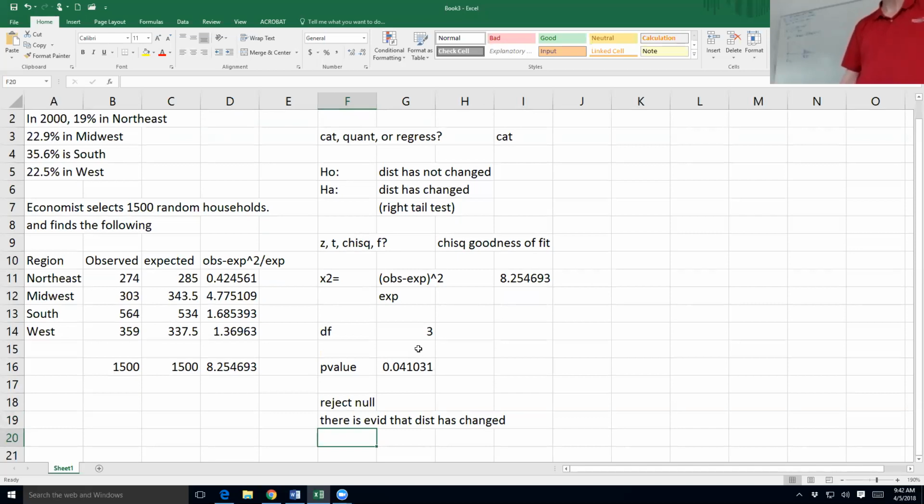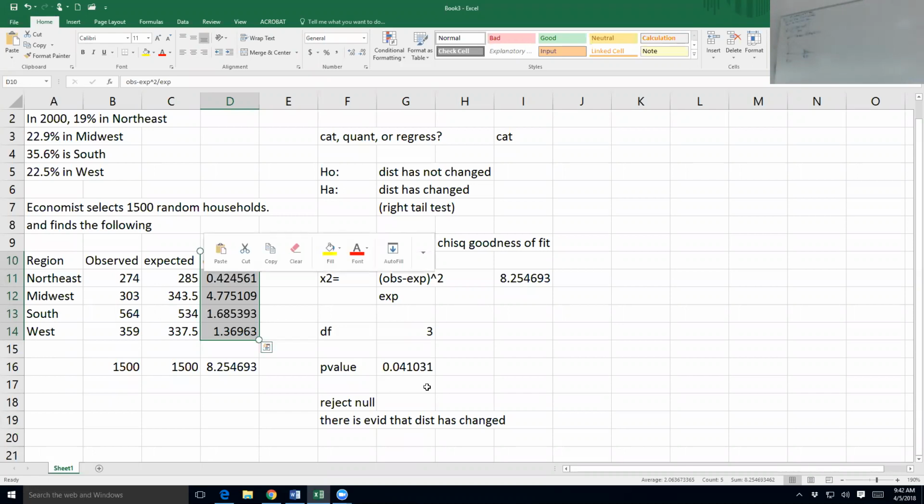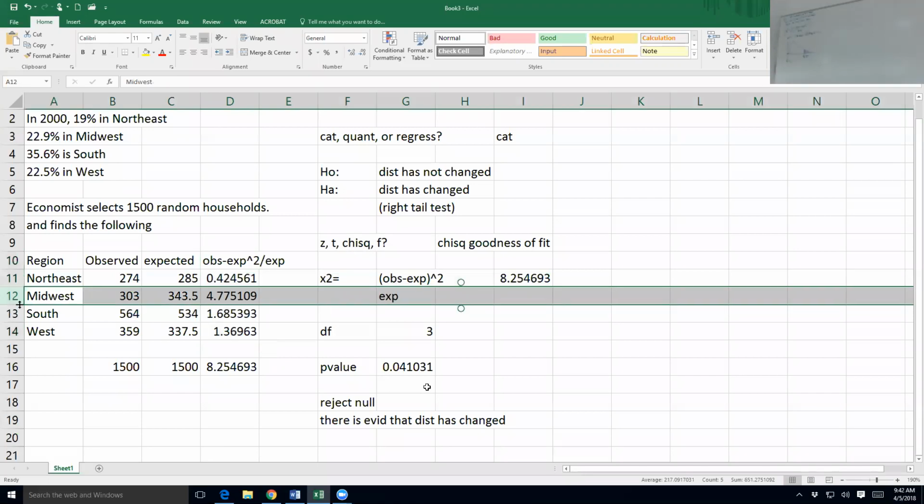Now, let's go back to here. Look at those numbers. Which number contributes most to that sum of 8.25? It's the 4, right? Which is the Midwest. Now, let's think about what's going on here. I expected I would have got 343 people. I only got 303 people.